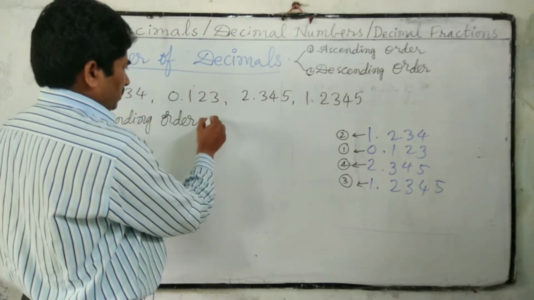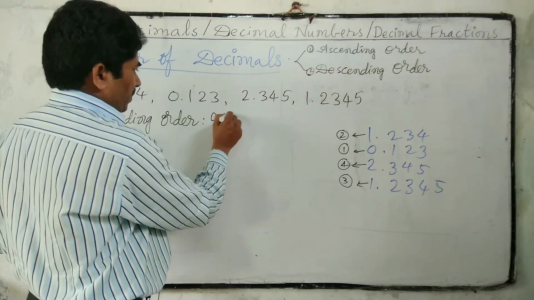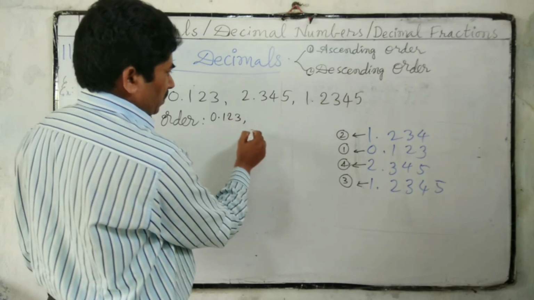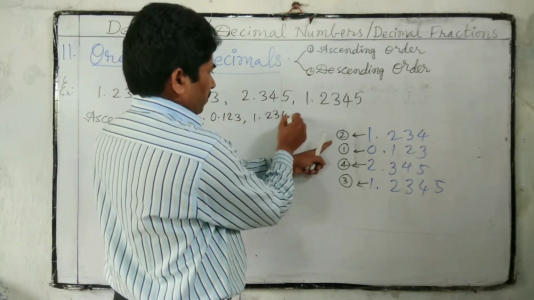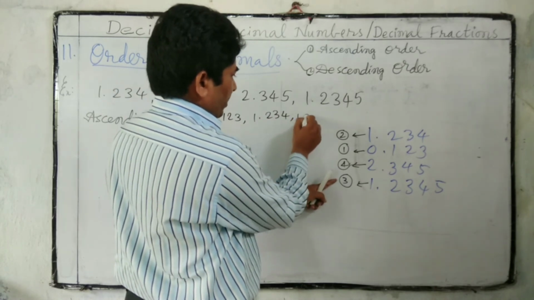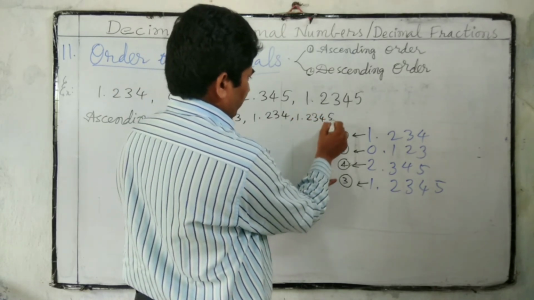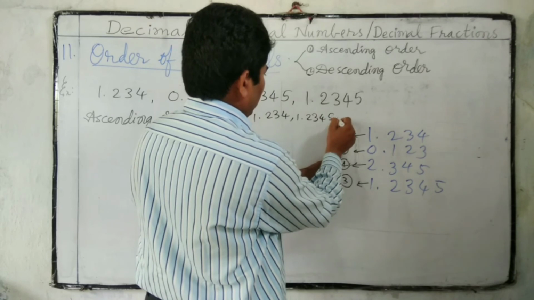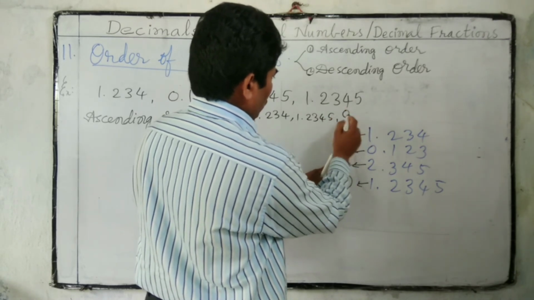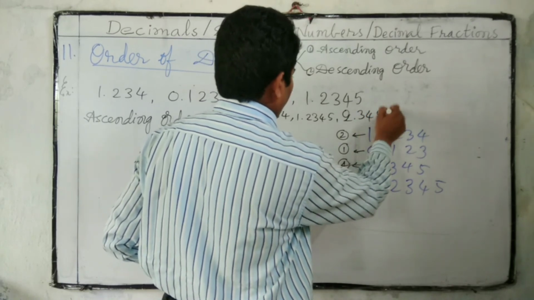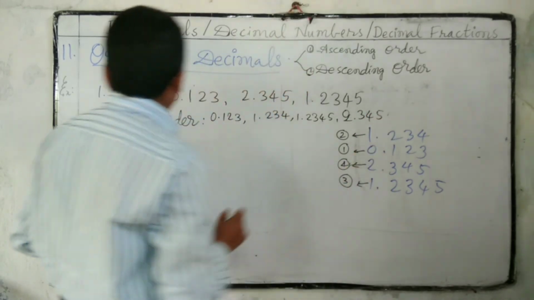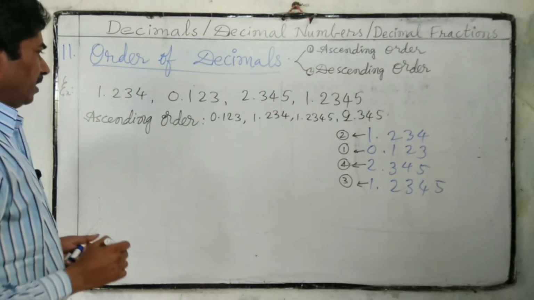So first 0.123, 1.234, 1.2345, 2.345. So this is the ascending order.